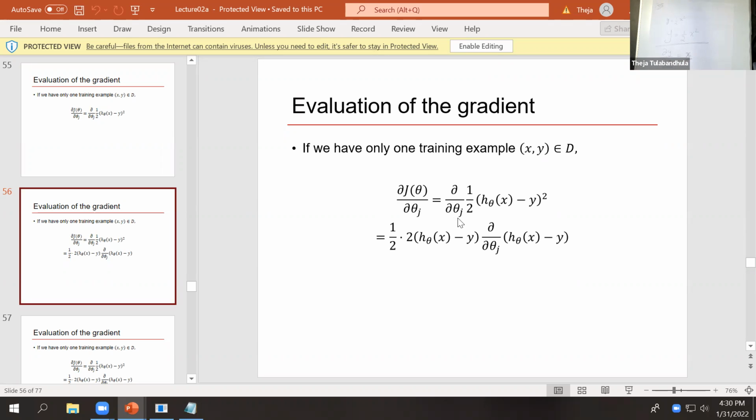Let's come back to our slide. Oh yeah, they can see the document camera. So we take the partial derivative. This is exactly the same function. Instead of h theta x minus y, you can just call it some intermediate z.